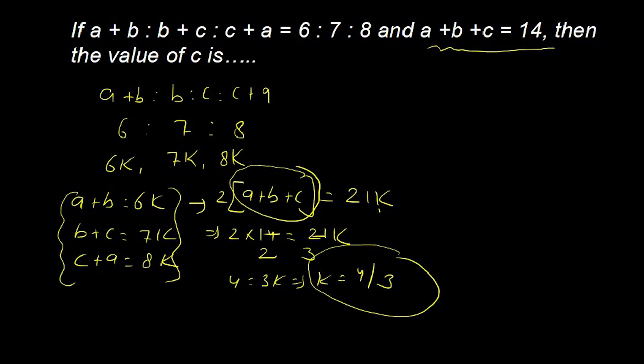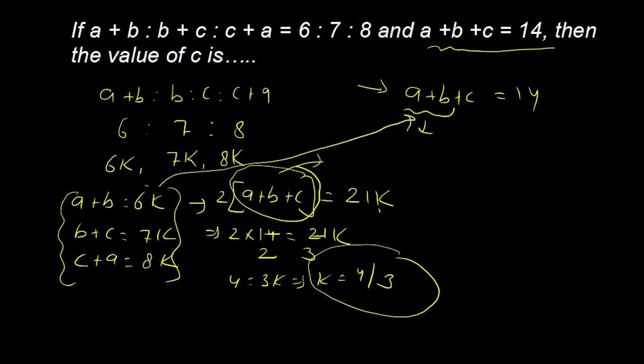How can we find this? As we got the value of k, let's put the value in this equation. What is the value of a plus b plus c? This is 14. And what is a plus b? By this equation, it was 6k.